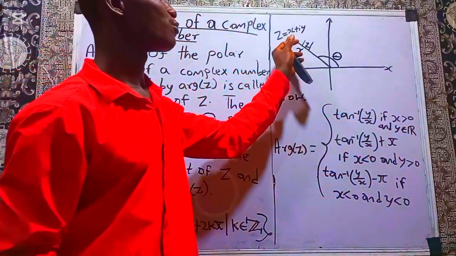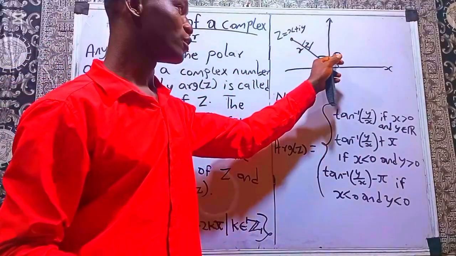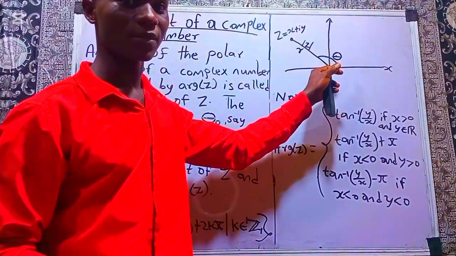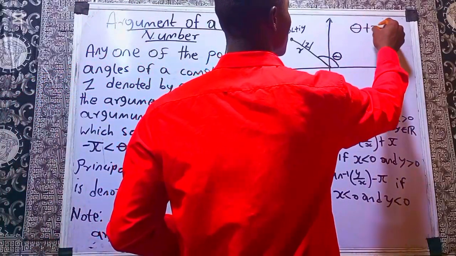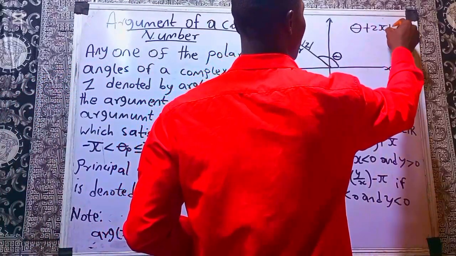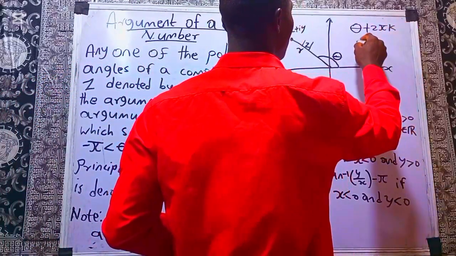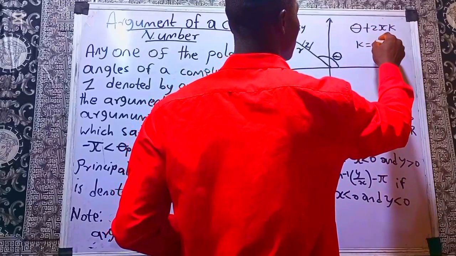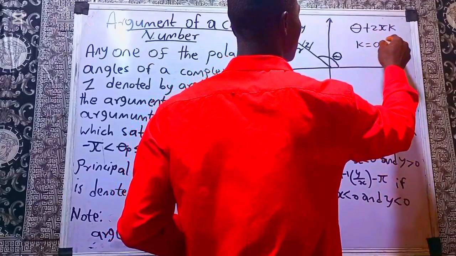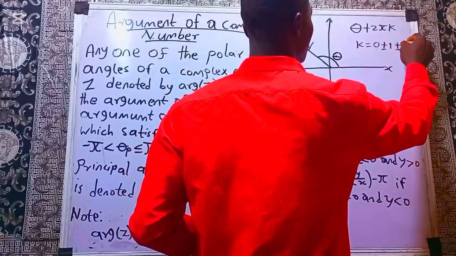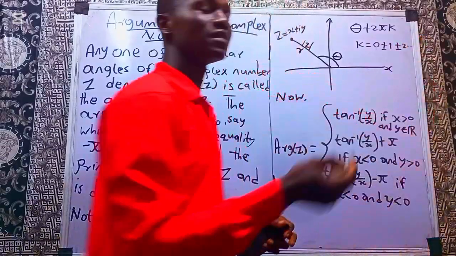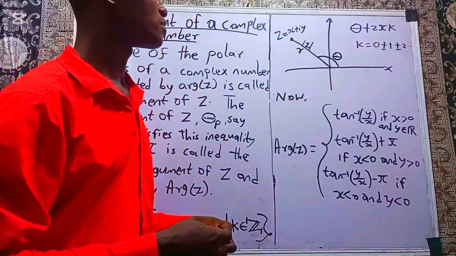Now, if this complex number makes an angle theta with the positive x-axis, it can make an angle theta plus 2 pi k, where k is equal to plus or minus 1, plus or minus 2. That is, k is an integer, any integer at all.